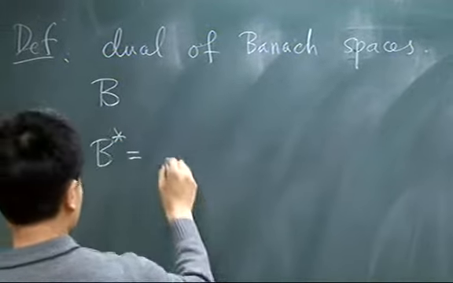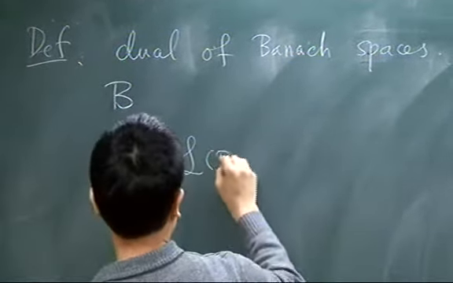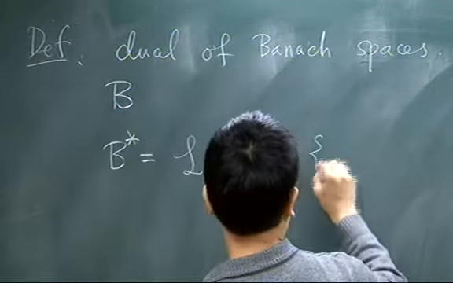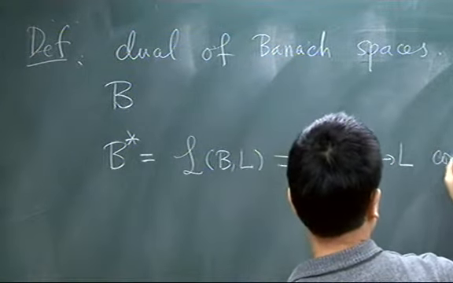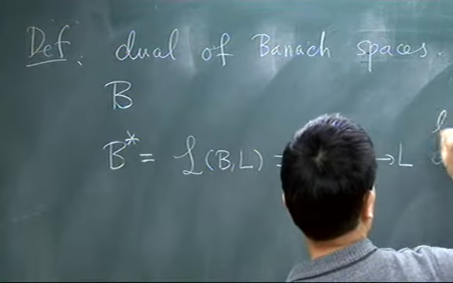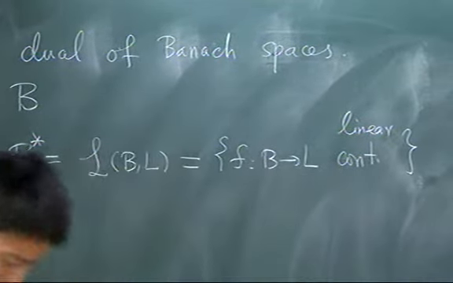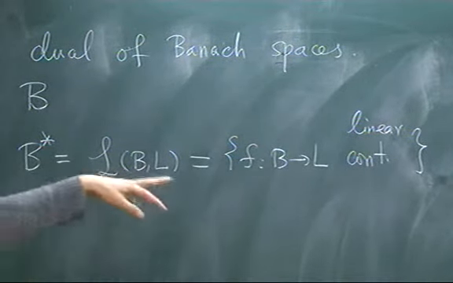B star is the set of f from B to L, continuous. Of course linear. So we always get linear and continuous maps. We let B star be this.